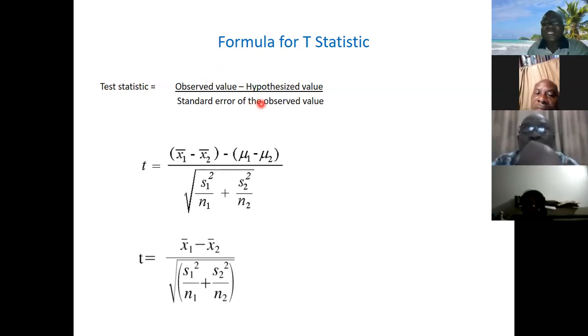But if the inherent variability, which is the denominator, is smaller than the difference you have observed, when you divide, it will be greater than 1. If there is much difference, really different, it will not only be greater than 1, it will be far, far greater and reach a critical level. And this one is more than the critical value. This difference is not due to chance.